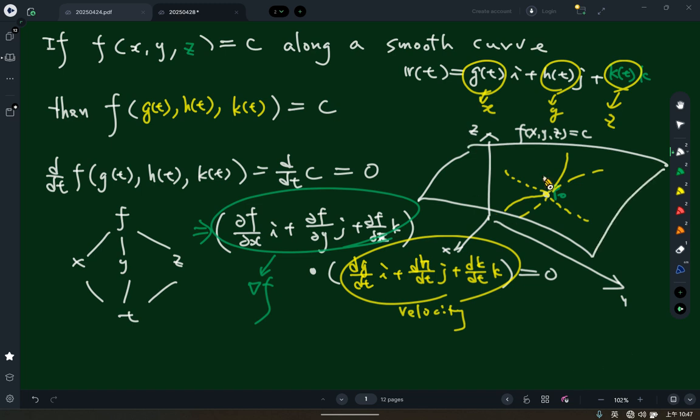Because f of x, y, z is equal to c defines a surface. So P is on this surface. Then we can know there are many paths passing through this point P0.